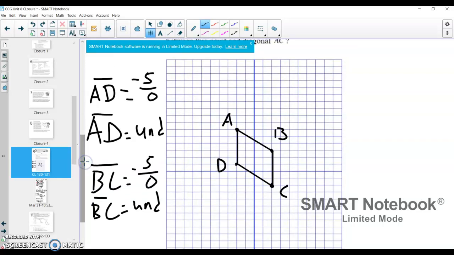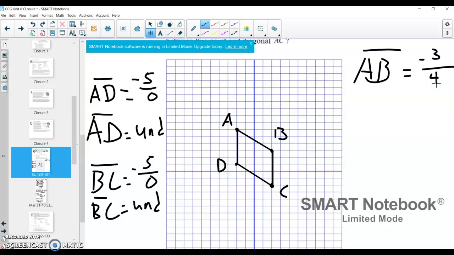Now let's talk about AB. AB has to go from A to B. I always like to work left to right. I have to go down 1, 2, 3. Just use my cursor. I go down 1, 2, 3, and I go over 1, 2, 3, 4. And since I went down, that's a -3, and since I went to the right, that's a +4. And so my slope for AB is -3 over 4.